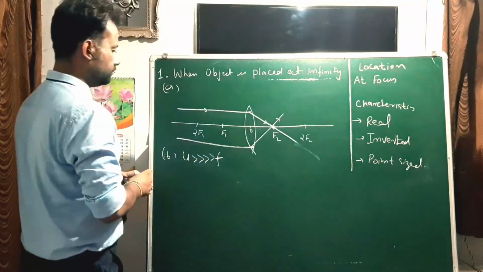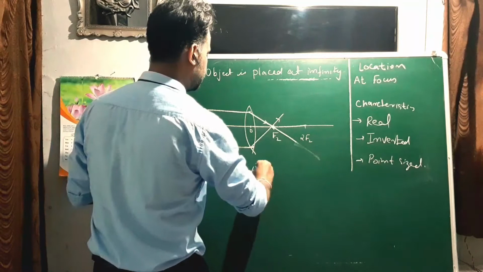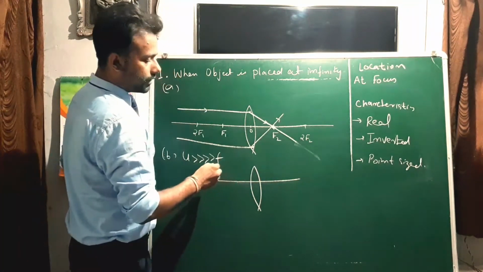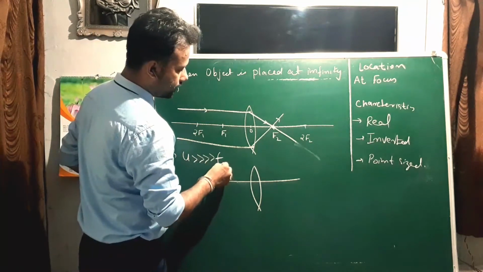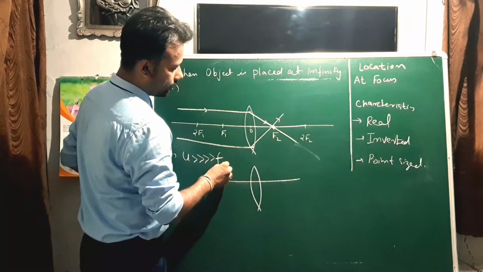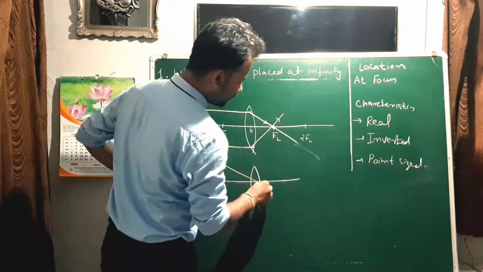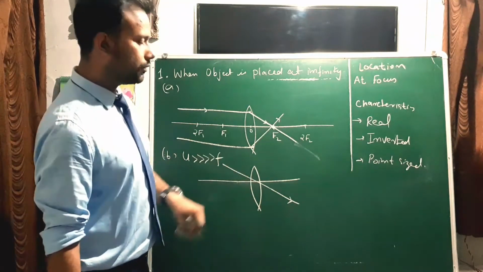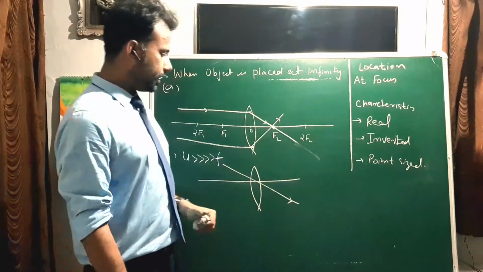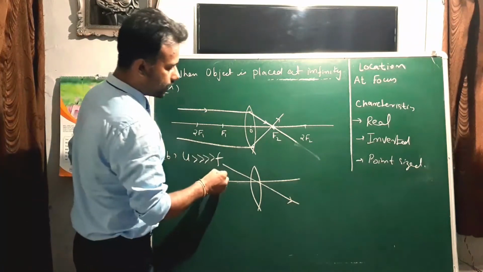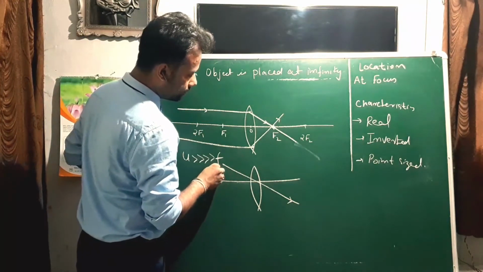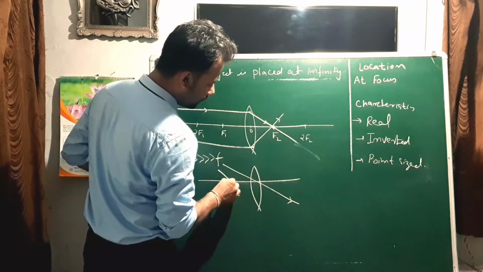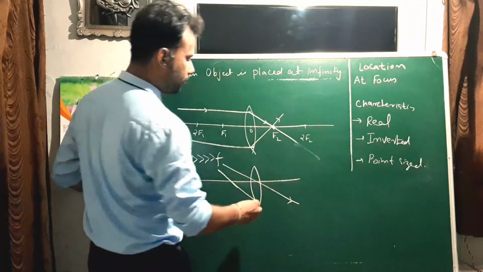So the light rays are coming parallel to each other like this. The first ray is going like this. We know it will pass undeviated because you can see it is passing through the optical center. Second, I'm taking one going through the focus. When it comes from the focus, it will become parallel after refraction.